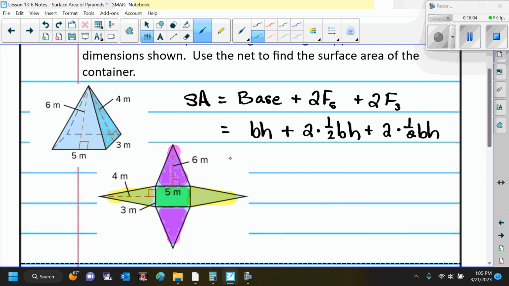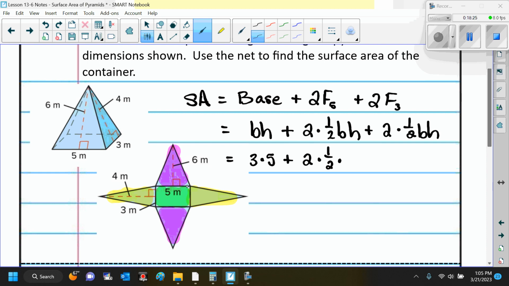Okay, so we've got base times height, so that's going to be 3 times 5 for the rectangular base. So 3 times 5 plus 2 times 1/2 times the base of the triangle with the base of 5.